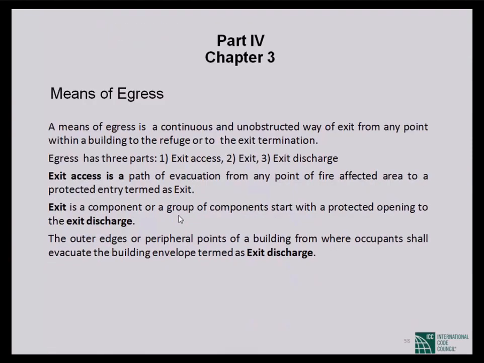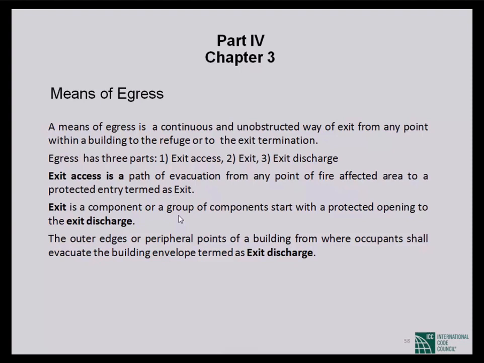NFPA uses means of egress. Means of egress is a continuous, unobstructed way of exit from any point within the building to the refuge or to the exit termination. In the same language, same meaning as the means of escape, but egress has a different combination, which is that egress has three parts: exit access, exit, and exit discharge.